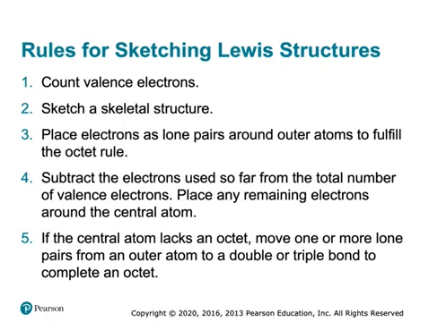You put the biggest atom or the least electronegative atom in the center, and then you put the other ones around it. And then put electrons on the outer atoms to get octets, or duets for hydrogen. And then whatever's left, you put around the central atom, and then add double and triple bonds to complete an octet. That's how you do a Lewis structure.